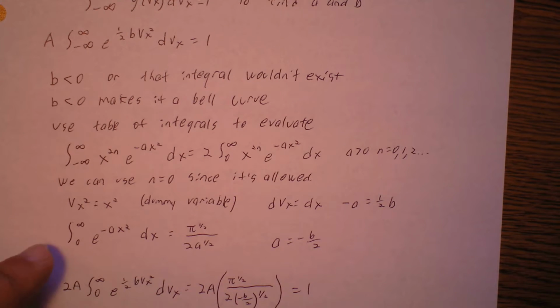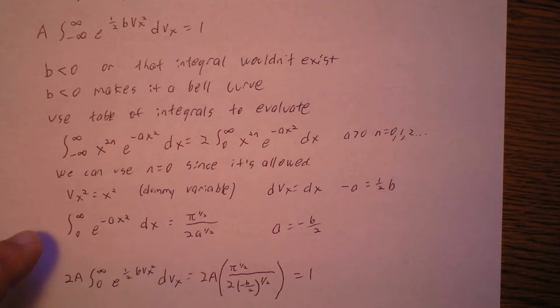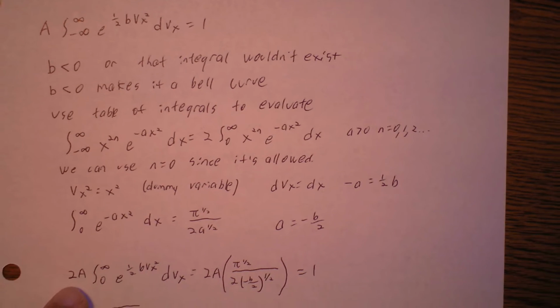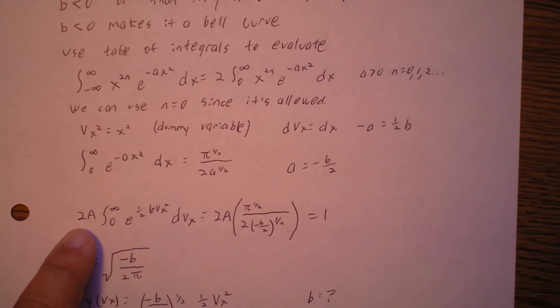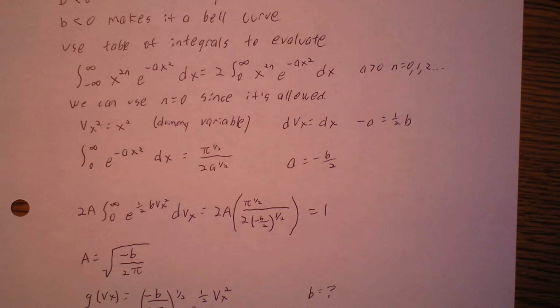So we got this definite integral from 0 to infinity of e to the minus ax squared dx, and the answer is pi to the 1/2 power over 2a to the 1/2 power. So a is equal to minus b over 2. So we end up with 2 times a times the definite integral from 0 to infinity of e to the 1/2 bx squared dvx.